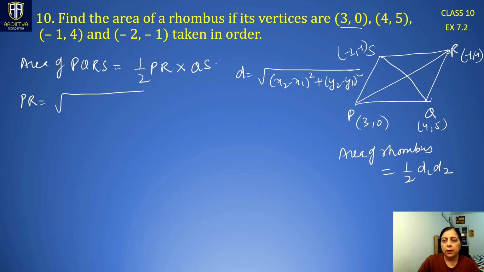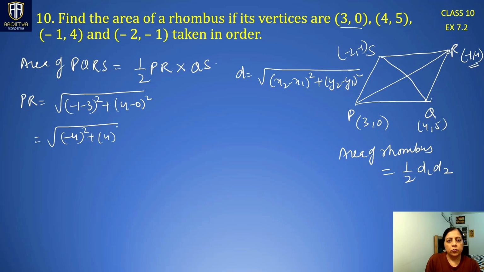So for PR, minus 1 minus 3, whole square, added to 4 minus 0, whole square. This is minus 4 square plus 4 square. This is 16 plus 16. This is root 32. Root 32 can be written as 4 root 2.